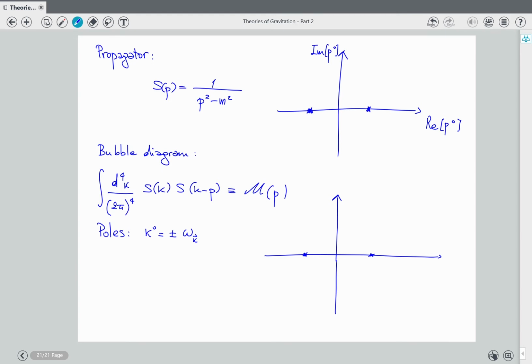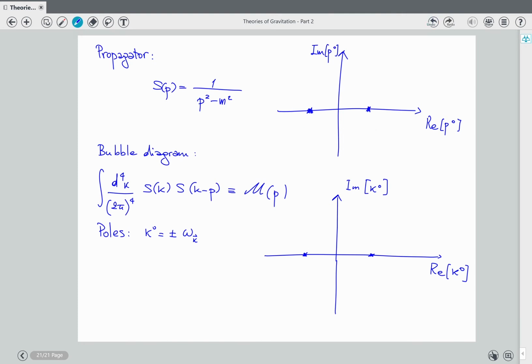Now we are plotting the poles in the complex k0 plane, because now we refer, for reasons that will become clear, to the complexified loop energy. So the poles of S of k do not depend on P. Their positions are similar to the positions we found there.